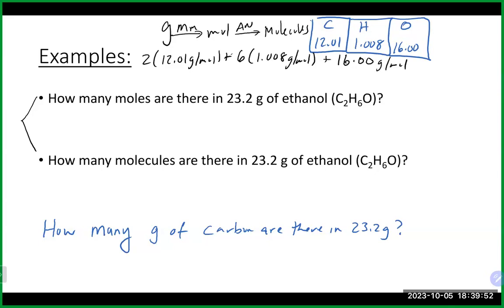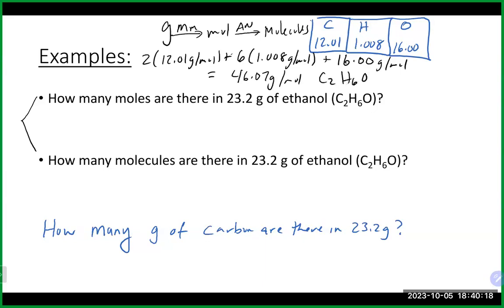So we're just going to add it together. And if we do that, I want to say 46.07, maybe, yeah, something like that. 46.07 grams per mole is our molar mass of C2H6O.